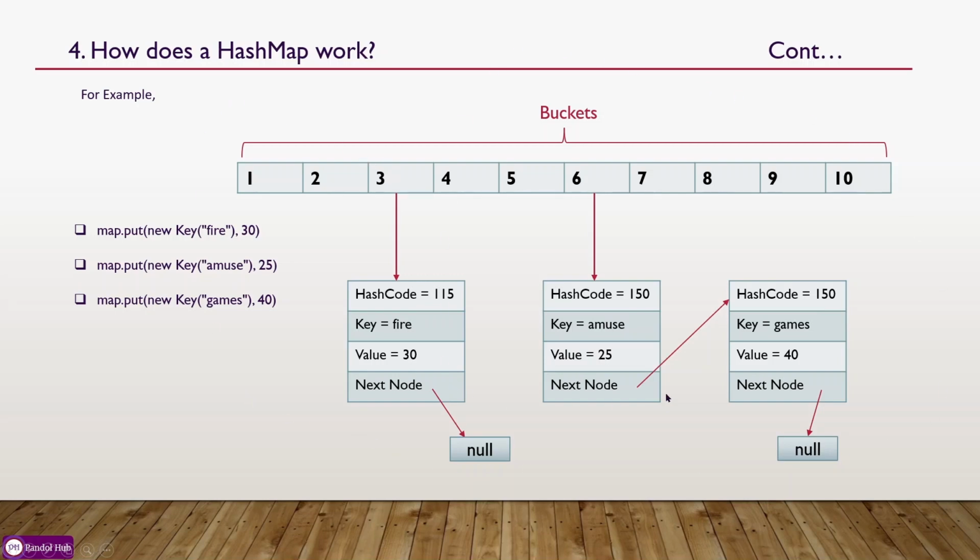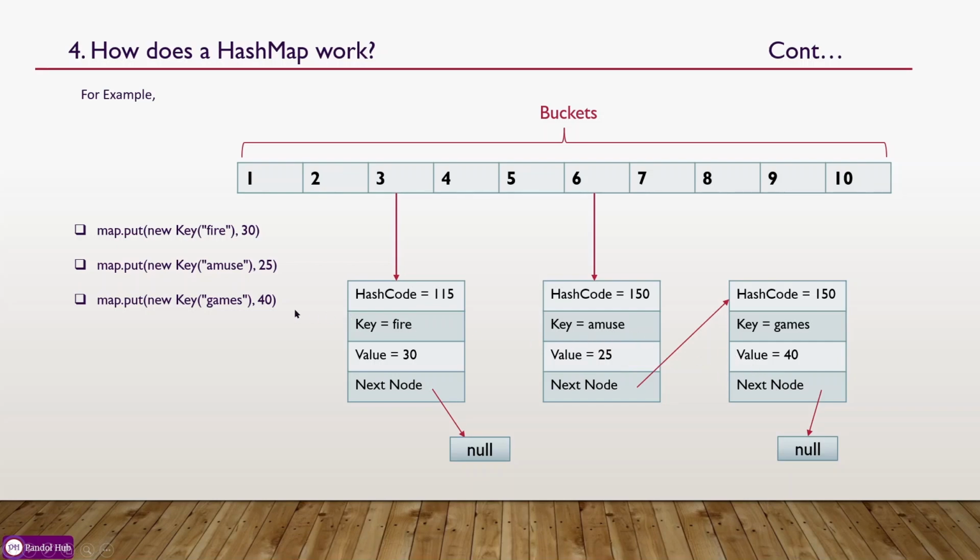For example, let's consider that you want to retrieve the key games. During retrieval, based on the hash code, it will identify the bucket. So now we are in the six bucket, but in the six bucket we have a lot of nodes in a linked list format. So it will check each and every node and use the equals method to compare the value.